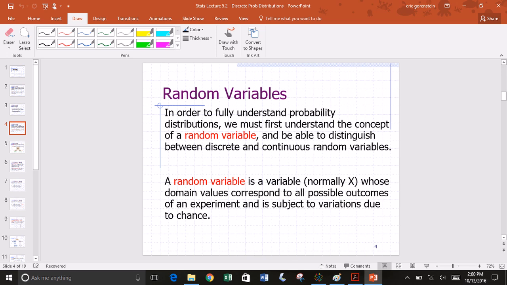So, for example, if you are rolling a single die, there are 6 possible outcomes. So the die could land on 1, 2, 3, 4, 5, or 6. In that case, the random variable has a domain of those 6 numbers, 1, 2, 3, 4, 5, and 6. So the random variable, normally we use the letter x, could take on any value that corresponds to the outcome of an experiment.